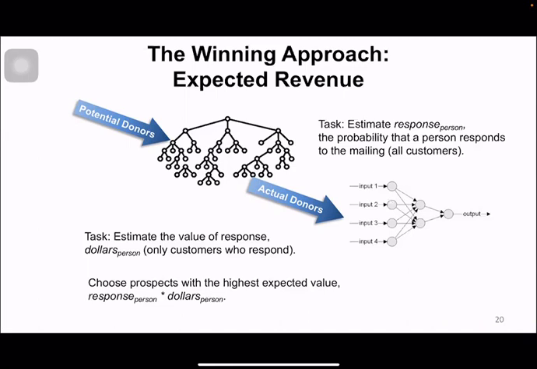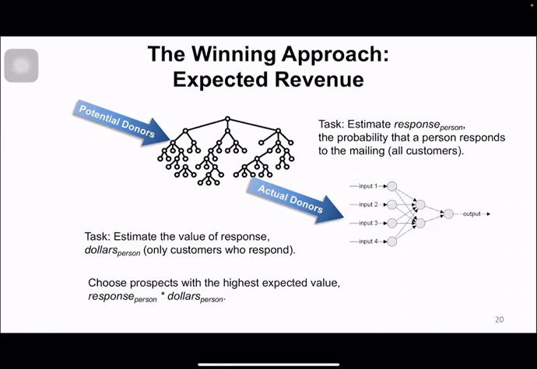So the first task, they want to identify the potential donors. They have potential donors, all the people in the database. Now the first task is to estimate the response, the probability that a person responds to the mailing. From all the customers, you identify the probability of who will respond.